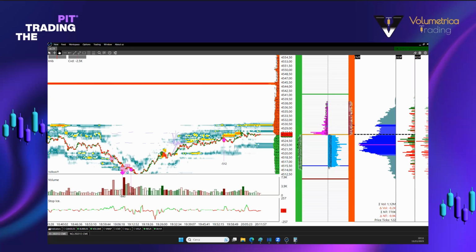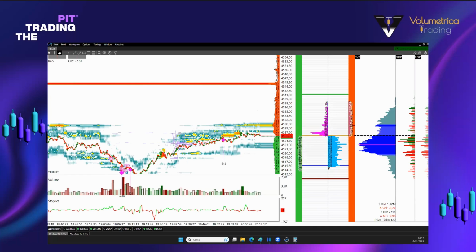That means that price will have, like in this case here, a natural resistance to just go through. This doesn't mean, of course, market can't break through this liquidity and just go farther, but it will tend to slow down, at least a little bit.